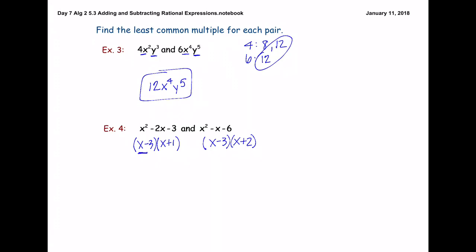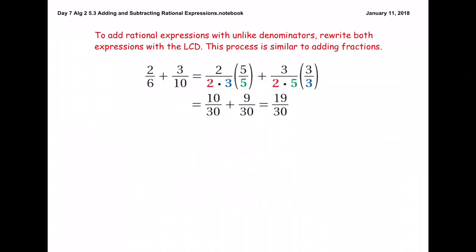So they both have an x minus 3, but we can see we have an x plus 1 in our first one and x plus 2 in our second one. So our common denominator would be x minus 3, x plus 1, and x plus 2. So you want to take what each piece has and make it 1.